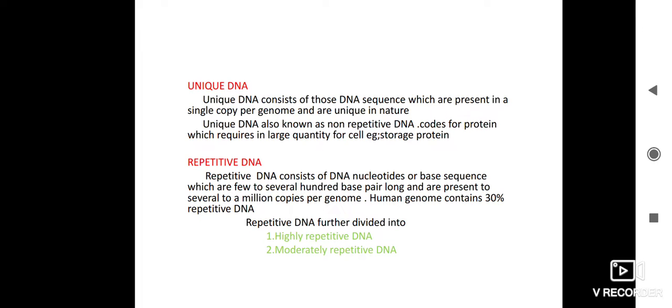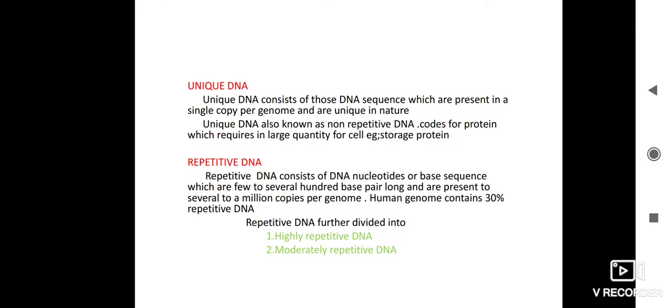Unique DNA consists of those DNA sequences which are present in a single copy per genome and are unique in nature. Unique DNA, also known as non-repetitive DNA, codes for proteins which are required in large quantity by the cell, for example storage protein. Next, repetitive DNA.